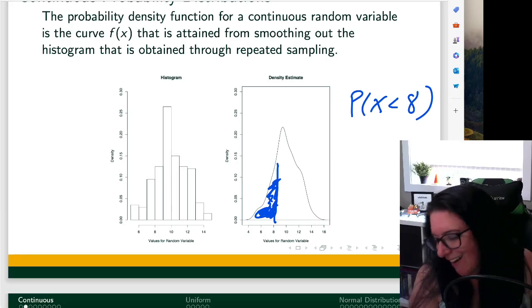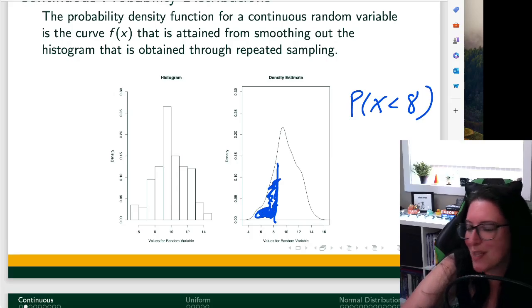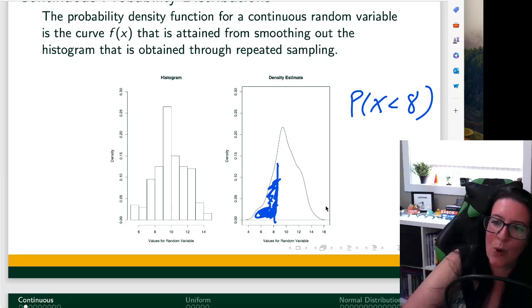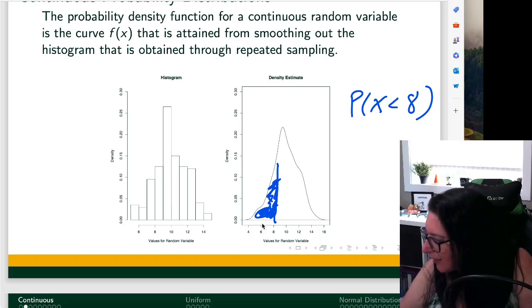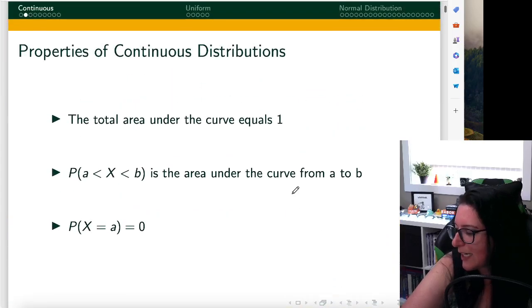So we're getting there. It may be hard to see that end goal as we go through some of these details. But the area under the curve has to equal 1, and if we want to know the probability of getting between 12 and 14, we would look for that area under the curve from 12 to 14.